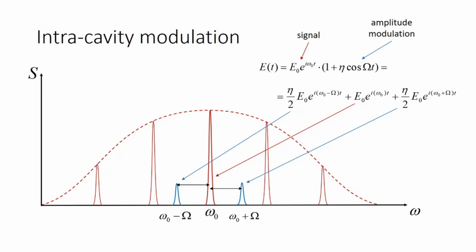As we know, amplitude modulation of a signal with central frequency omega creates two sidebands, one with upshifted central frequency and one with downshifted central frequency, where capital omega is the modulation frequency. At the same time, both sidebands will bear original signal's phase.